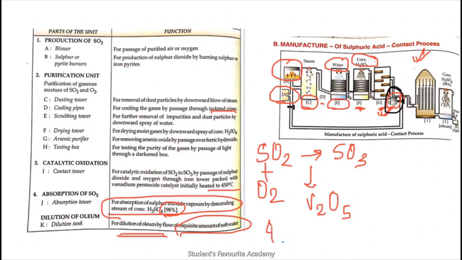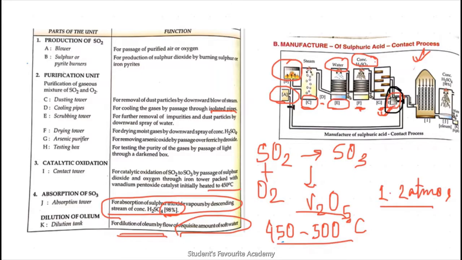The temperature provided is between 450 and 500 degrees Celsius, and we also provide a pressure of 1 to 2 atmospheres. So these are the three conditions, children. Only then is this sulfur dioxide converted to sulfur trioxide. This is what is happening in the contact tower.